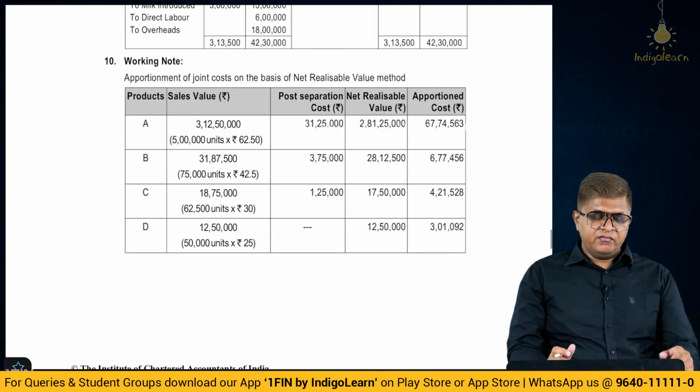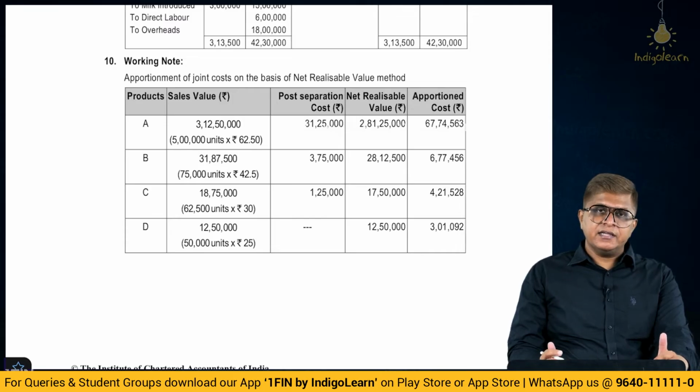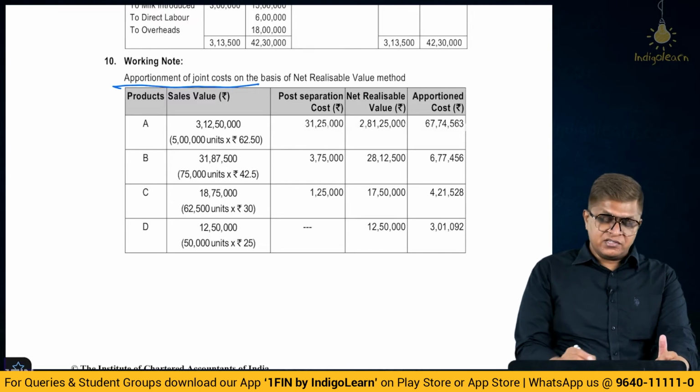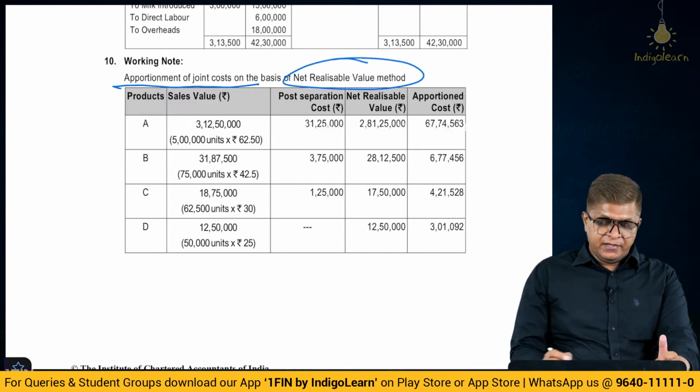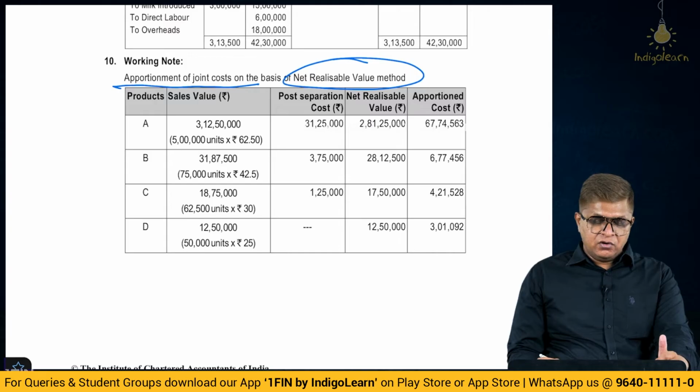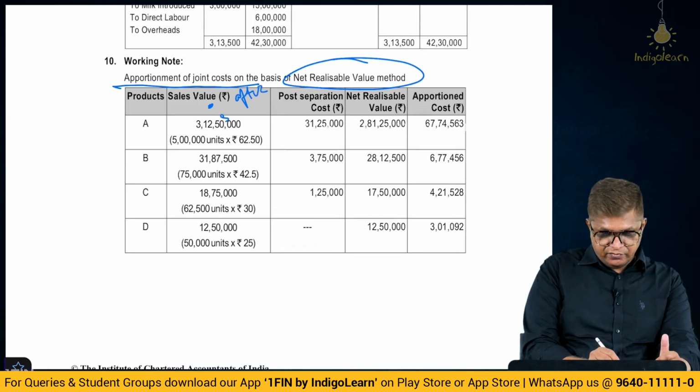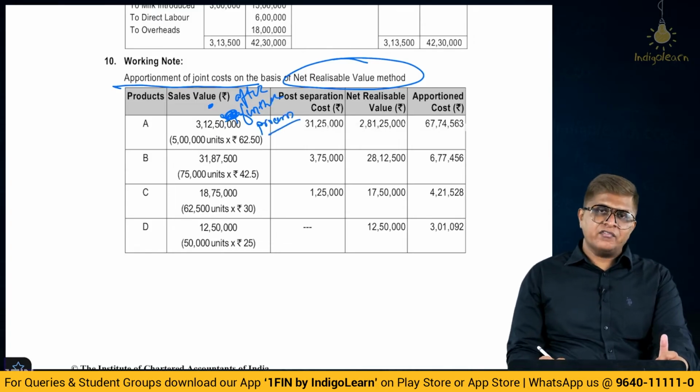Alright, they have given a working note wherein they have indicated how they want to apportion the joint cost on the basis of net realizable value method. Now here what they have done is they have taken the sales value after the split off point, or rather after further processing.